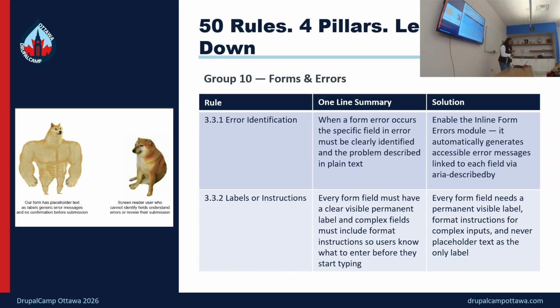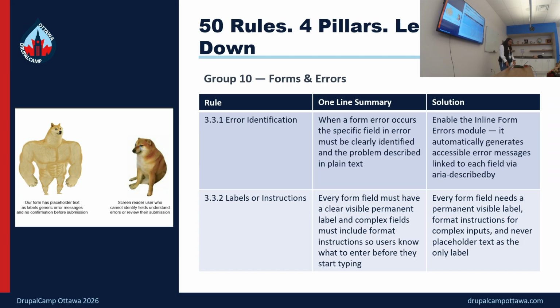Solution, simple enough. I guess we have the Inline Form Errors module that helps in Drupal to automatically generate accessible error messages, and they get linked to each field by aria-describedby. Moving on to the next one, that is 3.3.2, labels or instructions. Every form field must have clear, visible, permanent labels, and complex fields must include formats and instructions, so users know what to enter before they start typing.